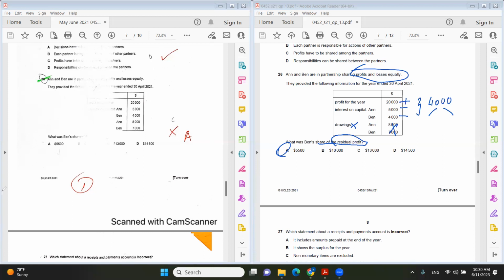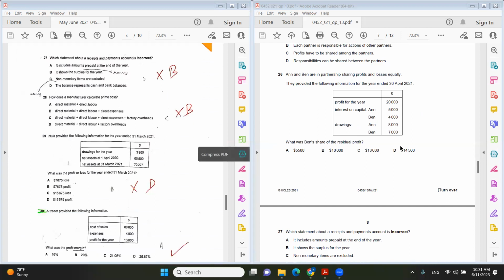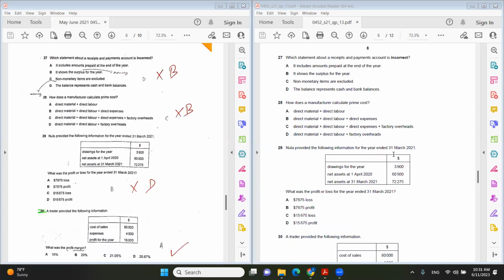Okay, next. Which statement about a receipt and payment account is incorrect? Receipt and payment account is a club topic. Incorrect means wrong. Receipt and payment is just like a bank account or cash book.